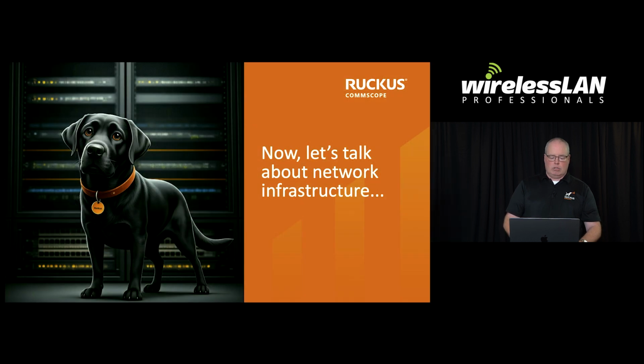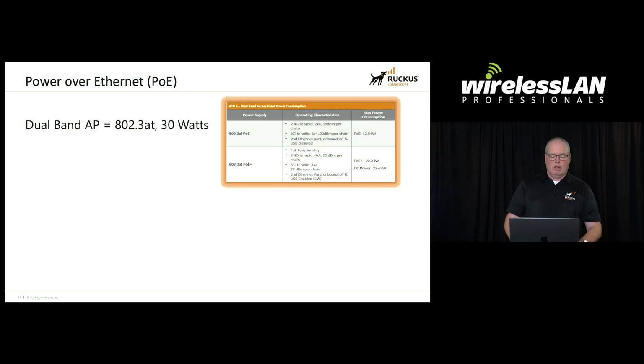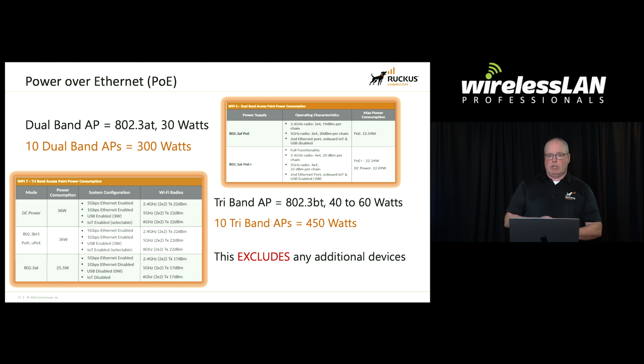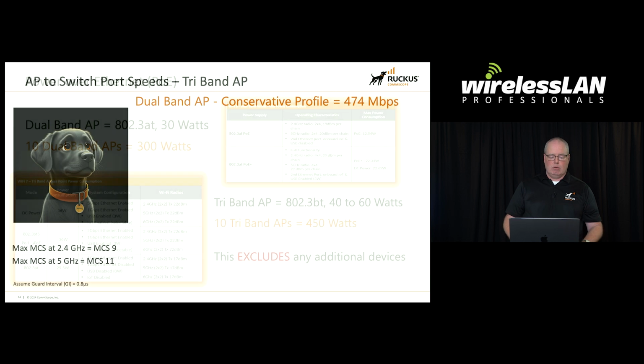Now let's talk just real quick. I know we're running kind of short on time here. The last thing I wanted to hit on was your PoE. With these access points, obviously they're much higher powered APs. You need to look at how much PoE wattage you're going to use and what's going to be required for those. Make sure that the infrastructure underneath can handle that additional PoE draw.